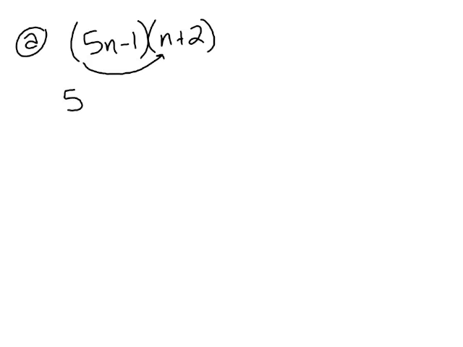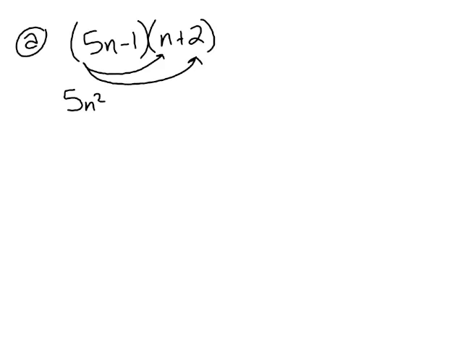Example A is 5n minus 1 times n plus 2. First, which are the first terms? 5n times n, 5n squared.